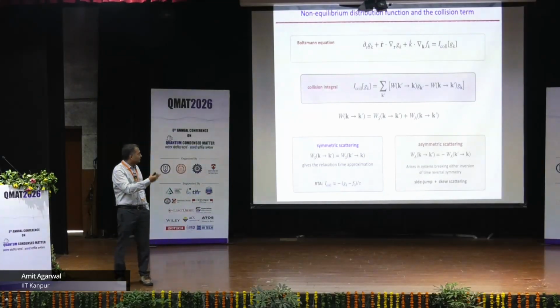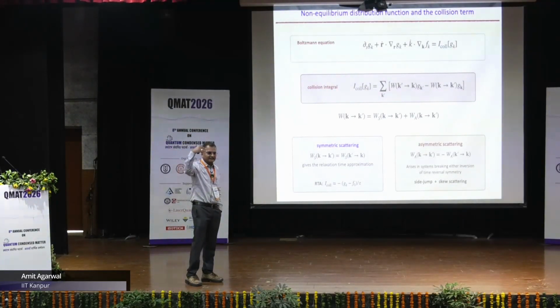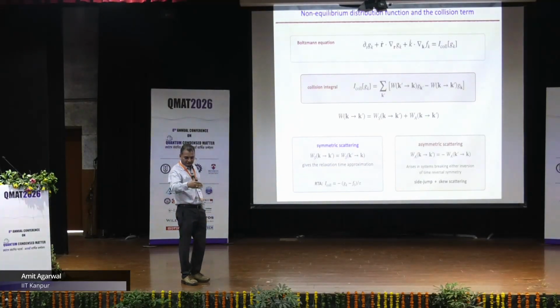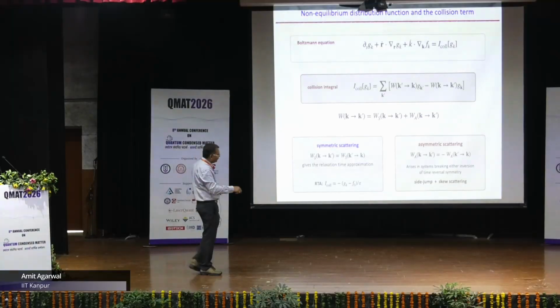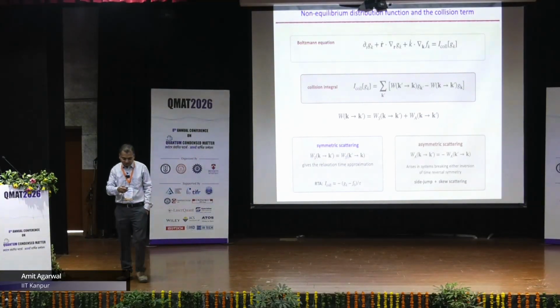And this gives rise to phenomena which are called side jump and skew scattering, etc. And these have been discussed at length in the context of anomalous Hall effect from the 50s to even recently, a lot of work in 2010 to 2020, 25, etc. Okay? And this will become important in the context of nonlinear second order responses also. So I just wanted to give you a big picture.